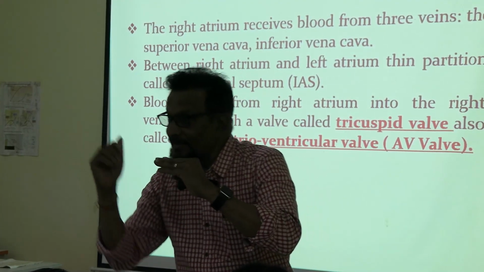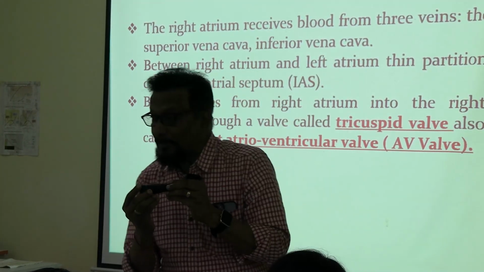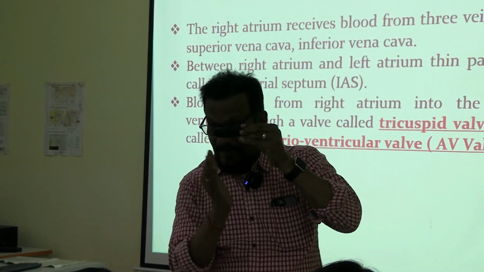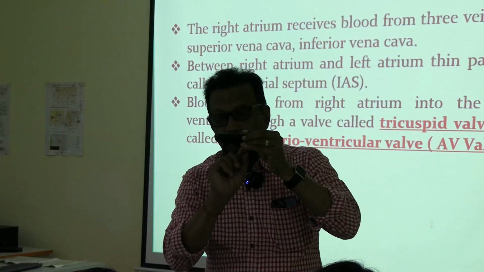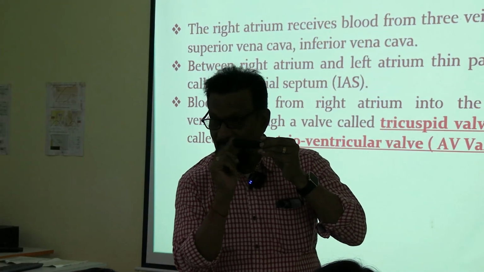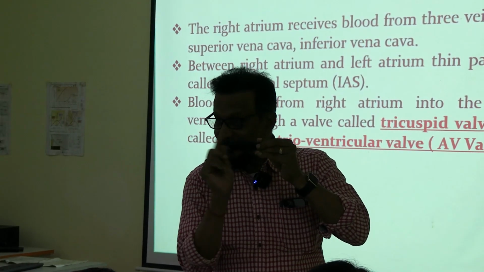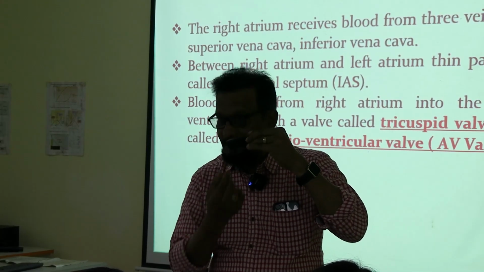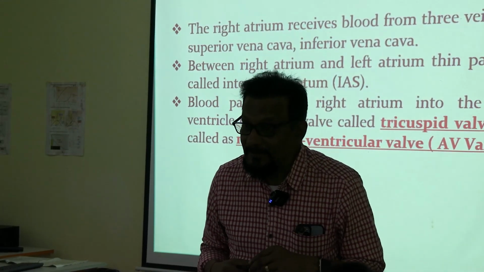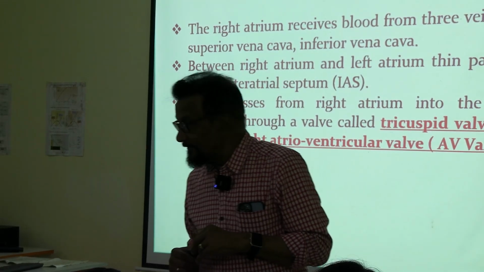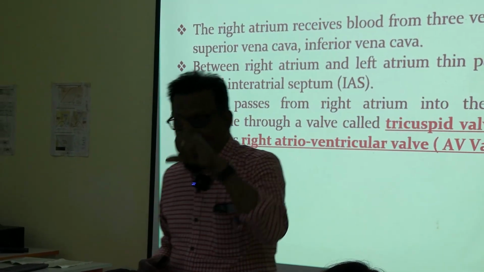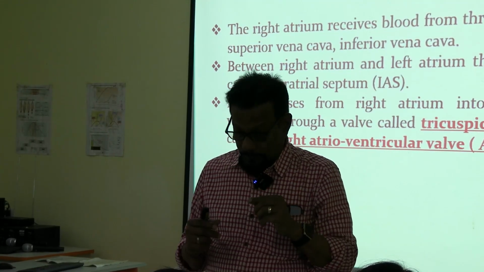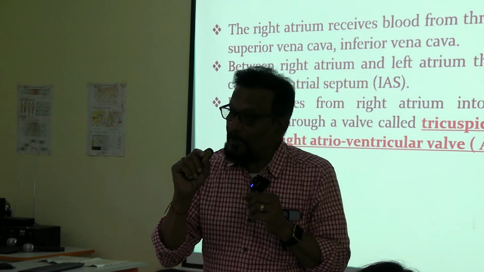Interestingly, from the bottom surface of this cusp, particularly from the periphery, the margin of the cusp, some threads come out. These are chordae tendineae. Now, these chordae tendineae remain attached to a particular type of muscle.